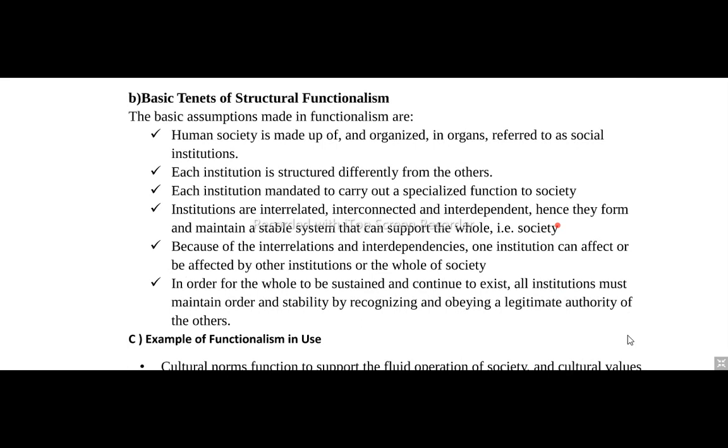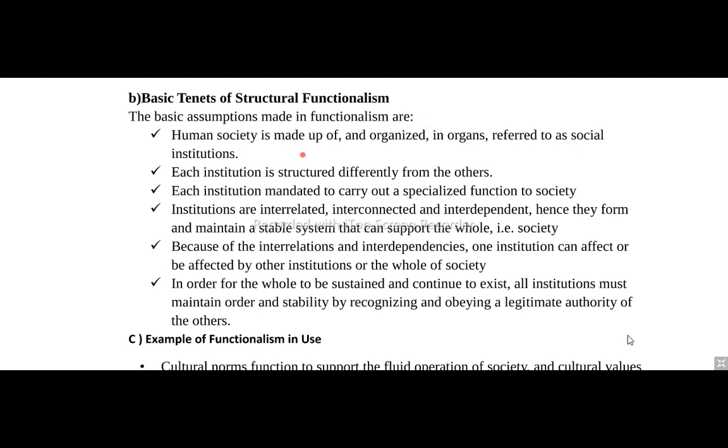The first one, it's assumed that human society is made up of and organized in organs referred to as social institutions. That is the first assumption.